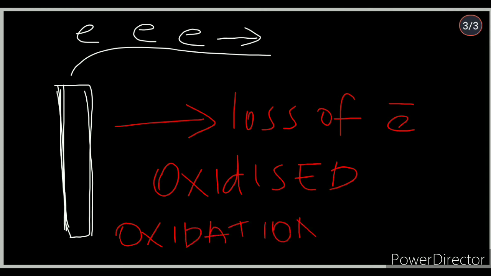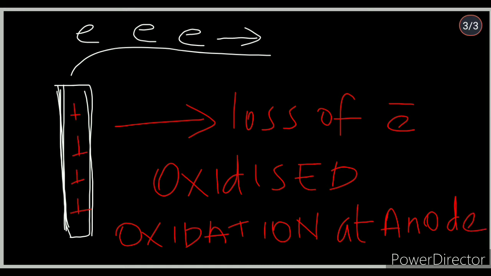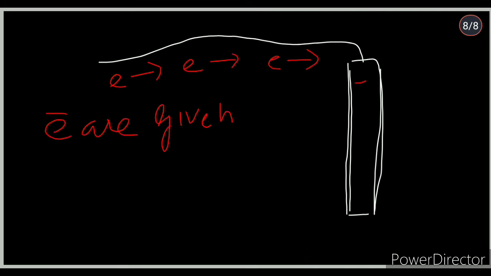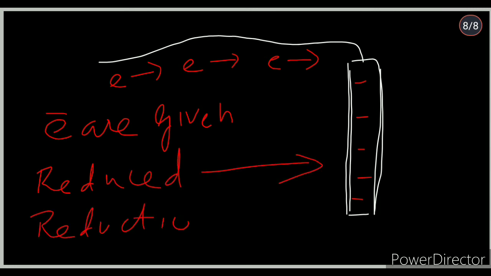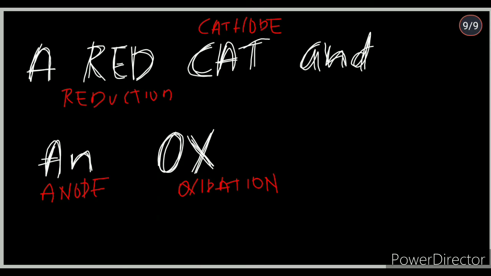Looking at the other electrode, where the electrons are given, it will be reduced because it gains electrons and its charge goes down. So it will be reduced and it will be negatively charged. This is called the cathode, and the other electrode was the anode.